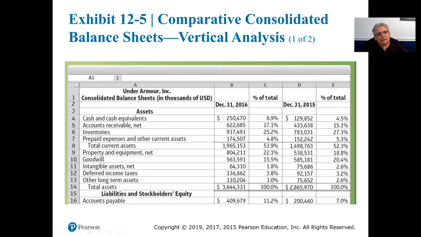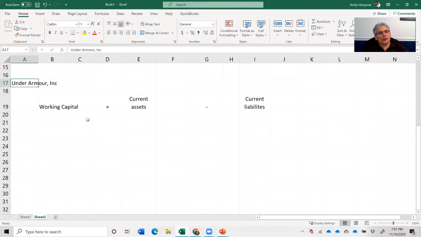Now, if you look, total assets are listed here, but you could see right in the middle, or close to the middle, there's a subtotal that gives us total current assets. So the current assets, 1965153. So for Under Armour, working capital is equal to current assets minus current liabilities.